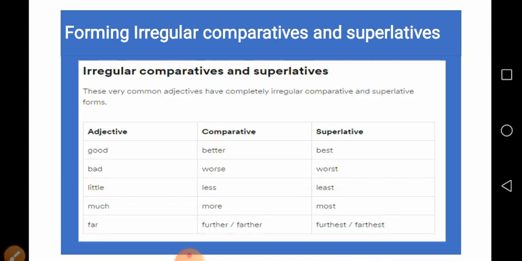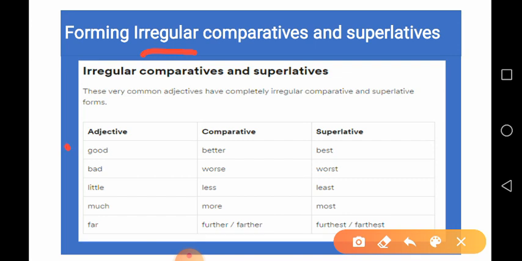So, these are the regular comparative and superlative forms, but there are some irregular comparatives and superlatives that you have to learn. These common adjectives have completely irregular comparative and superlative forms.